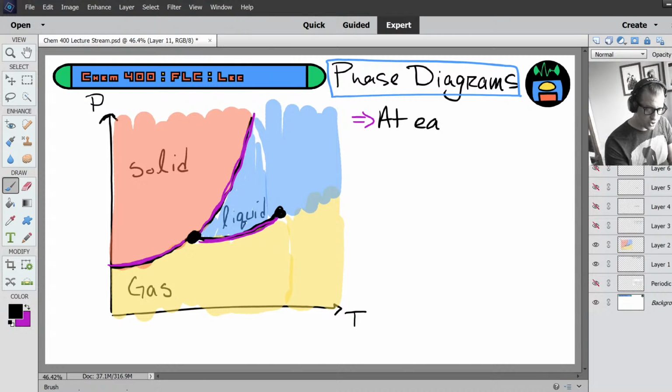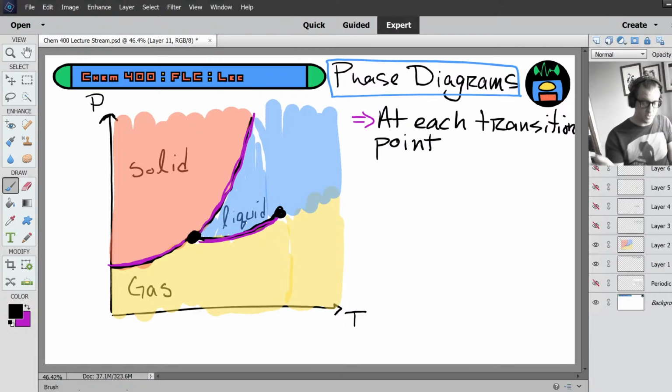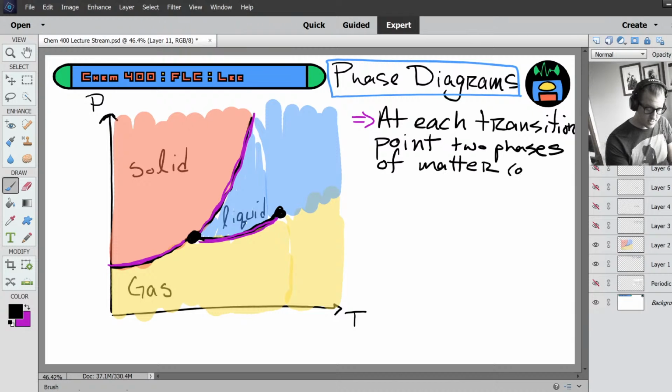At each transition point, and this is true whether it's melting point, boiling point, freezing point, sublimation point, at each transition point, two phases of matter coexist simultaneously.